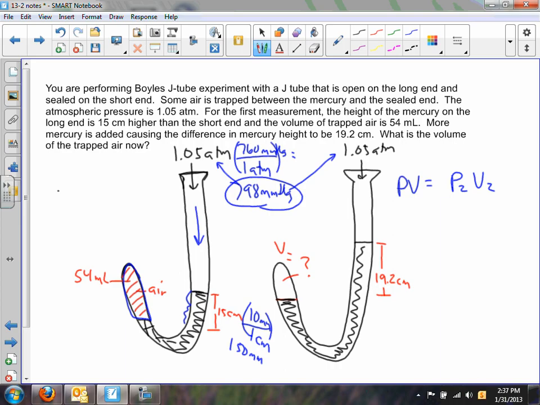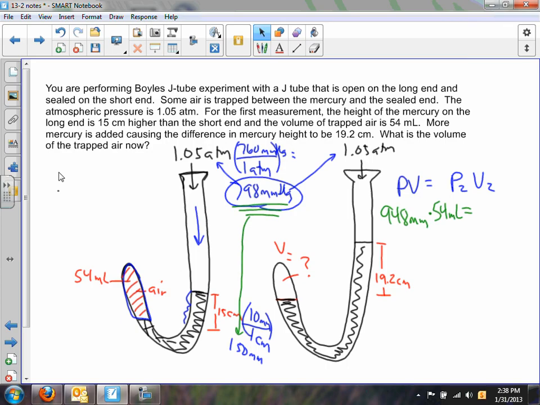My total pressure for the first part of the experiment would be atmospheric pressure plus the difference in height because of the mercury. When you add those together, you get 948 millimeters of mercury. And that caused a volume of 54 milliliters.